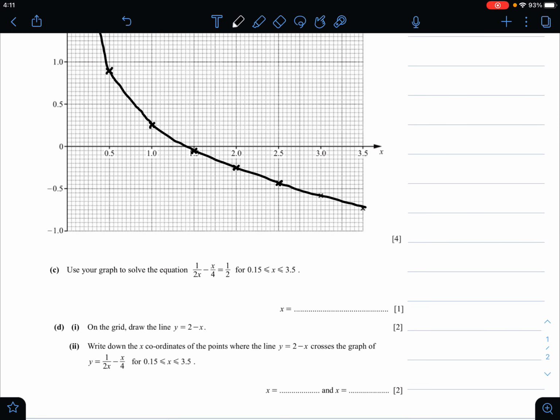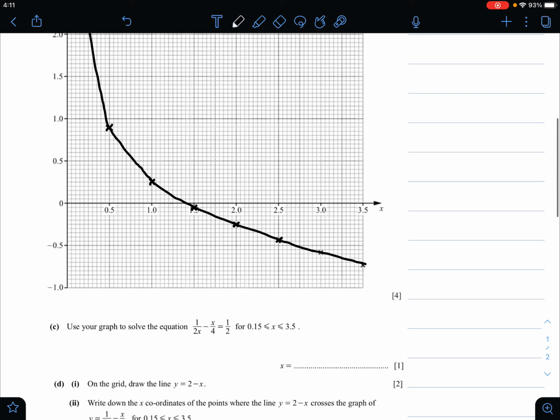For part C, they are asking us to use the graph to solve the equation. Basically, what we have to do is draw the line y equals half. When we draw that line, it would be right here. Again, you use a pencil and a ruler to draw this so that you get more accurate answers.